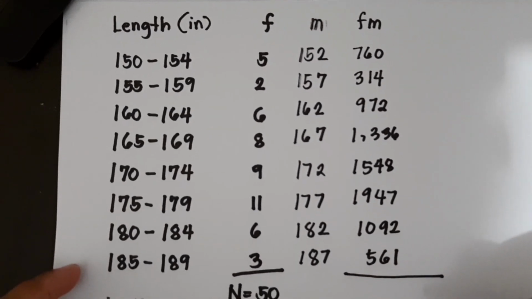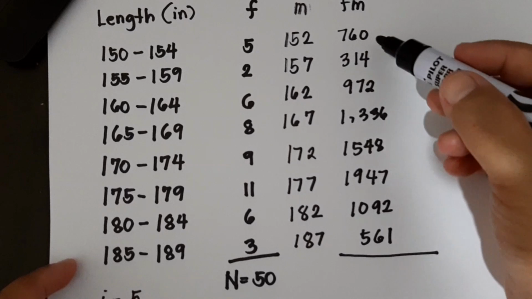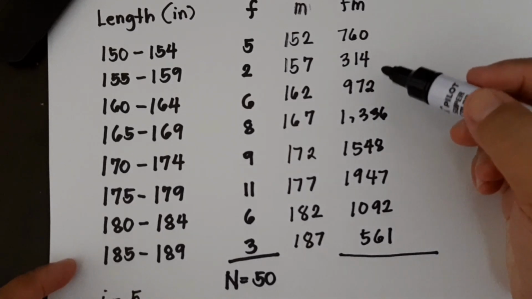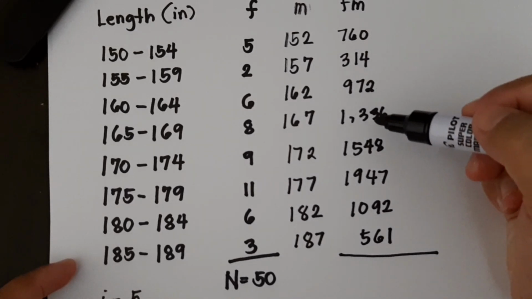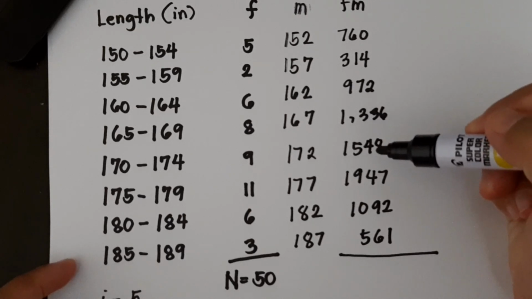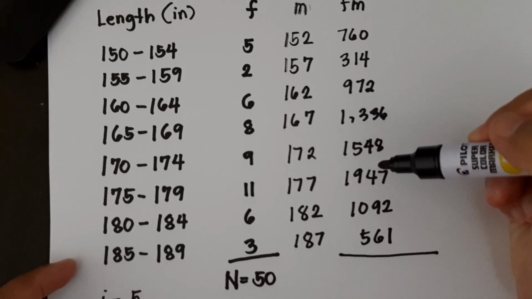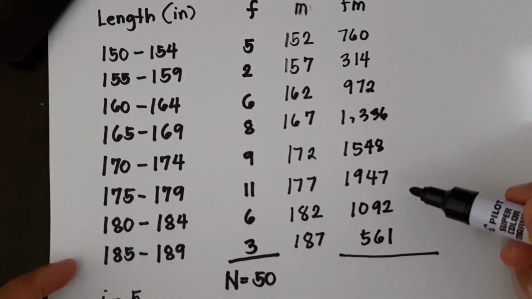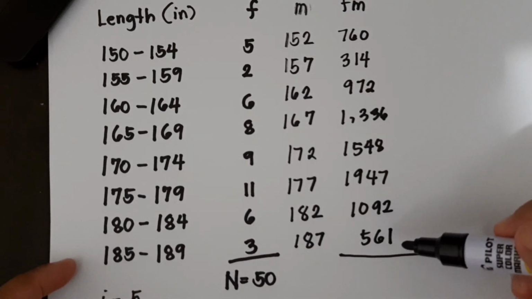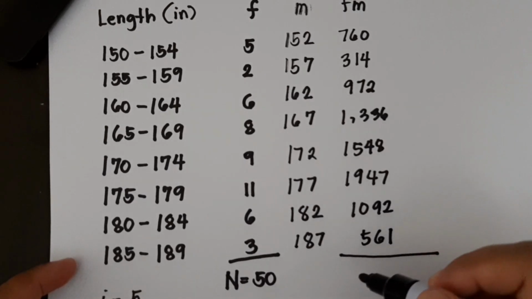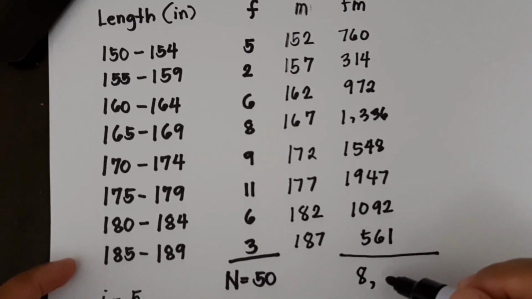So add everything. We have 760 plus 314 plus 972 plus 1,336 plus 1,548 plus 1,947 plus 1,092 plus 561. So that would be 8,530.